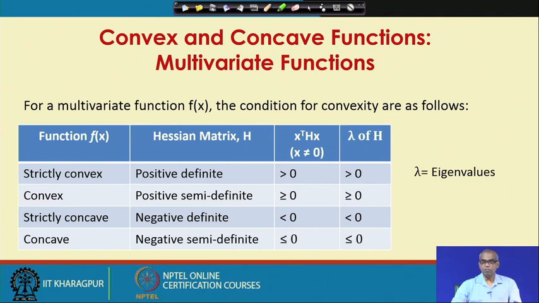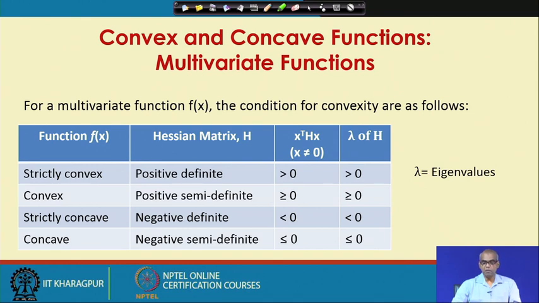If you take any non-zero vector x and evaluate x transpose H x, this will be a quadratic. For a strictly convex function, that means a positive definite Hessian matrix, x transpose H x will always be greater than 0.